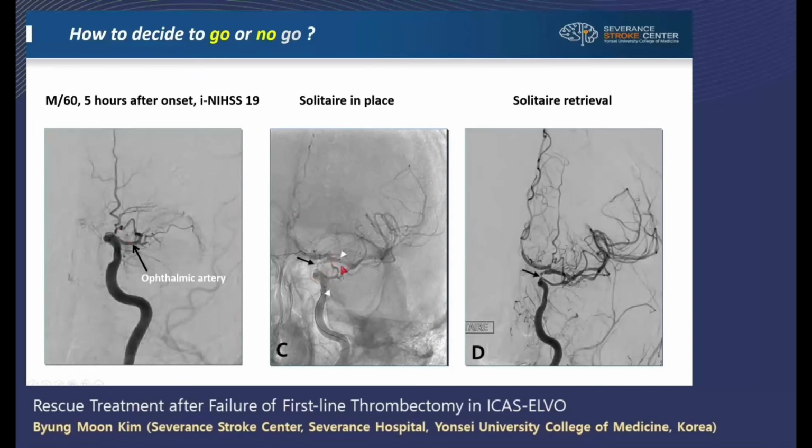Angiogram with Solitaire inside shows truncal type occlusion. You can see ICA terminus is saved. After Solitaire retrieval, you can see a very severe stenosis at the distal ICA with saving the ICA terminus.